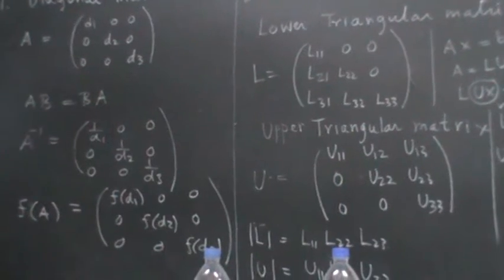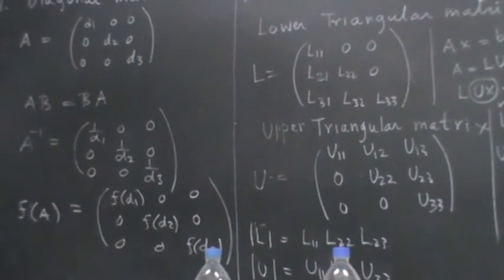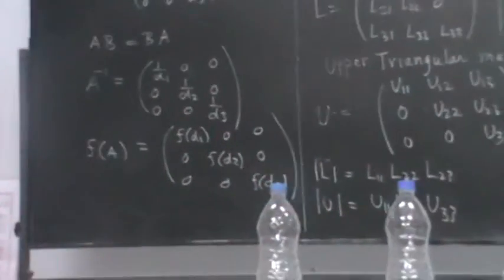If you want to write an algorithm to calculate the determinant of a matrix on a computer, and you expand the determinant term by term, then for an n by n matrix you have to write n factorial terms, correct?